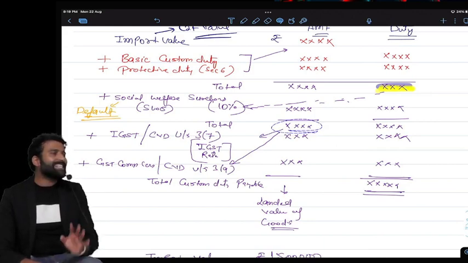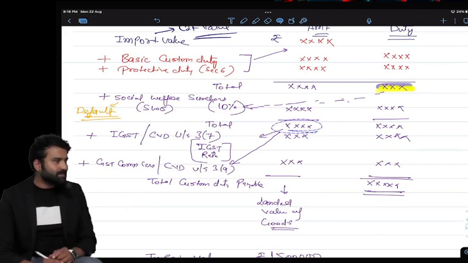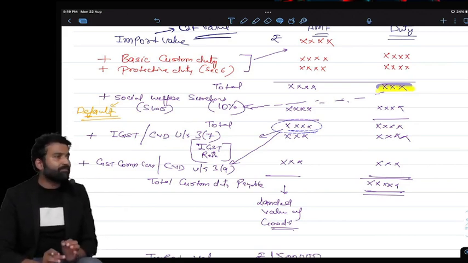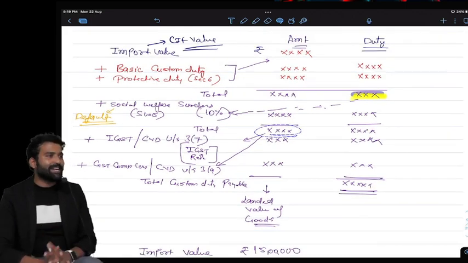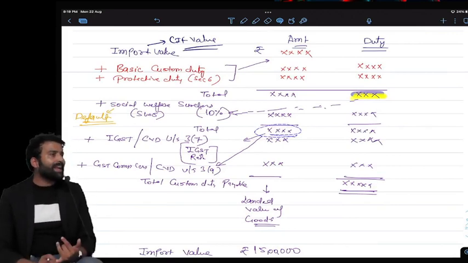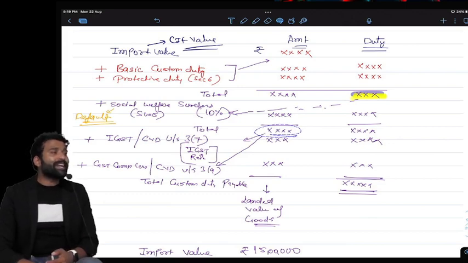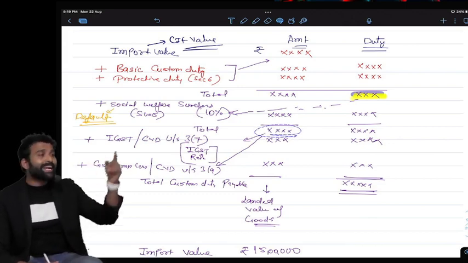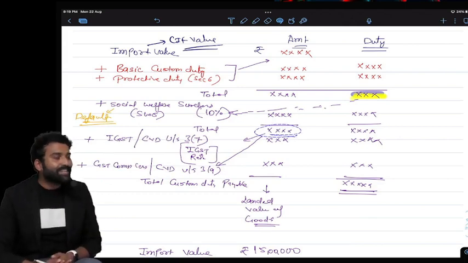There is no BCD cess now. There is only one cess in customs, that is called social welfare surcharge. Social welfare surcharge of 10%, only SWS of 10%, no other cess. Okay, so import value plus basic customs duty. Sir, what about special additional duty? Now it is omitted. That special additional duty was levied for VAT under CVD 3.5.